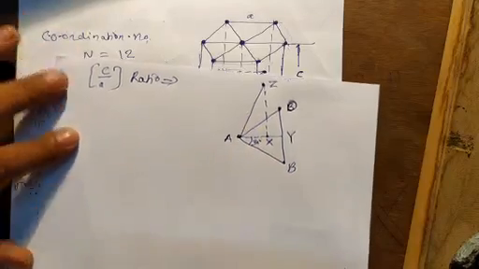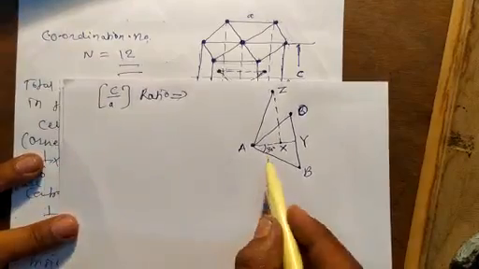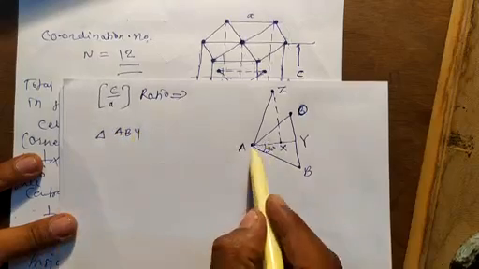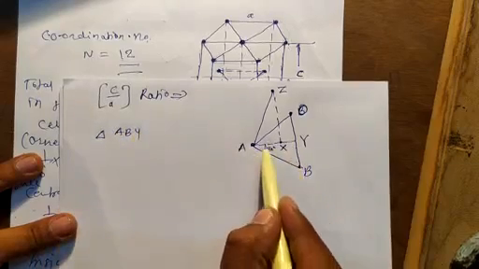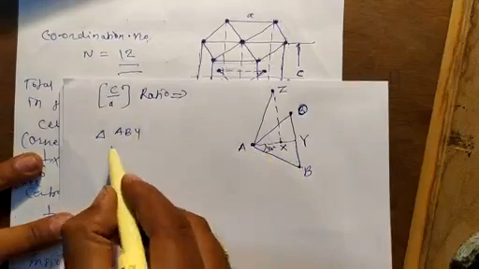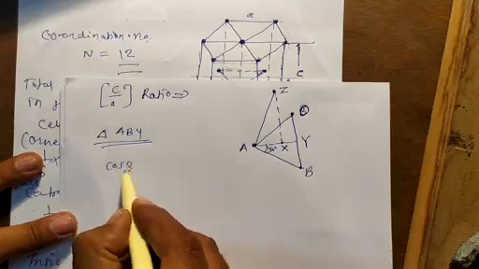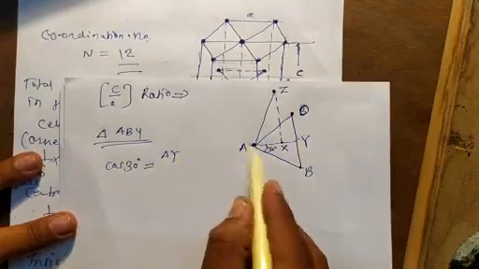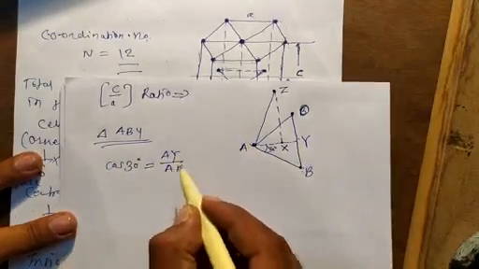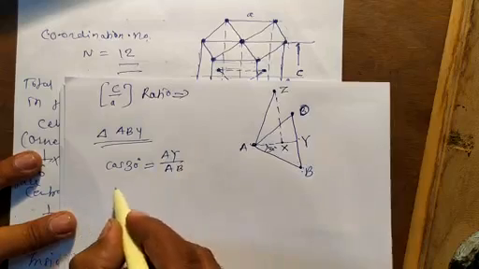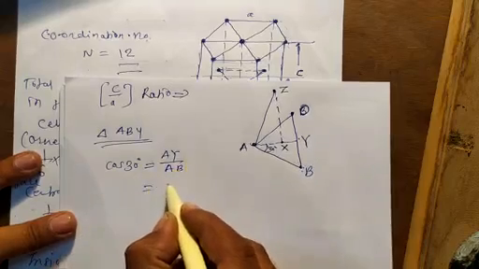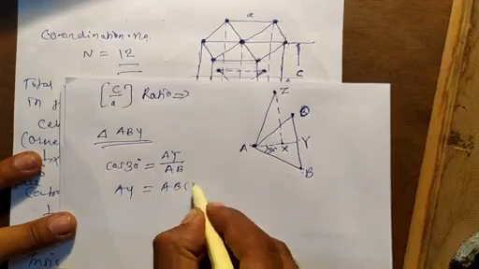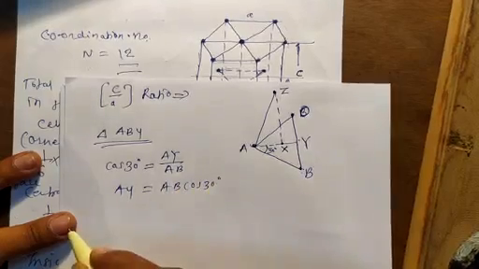Now we are considering this triangle ABY. In this triangle, this angle is 30 degrees. From this triangle, cos 30 degrees will be AY upon AB. Therefore AY equals AB cos 30.